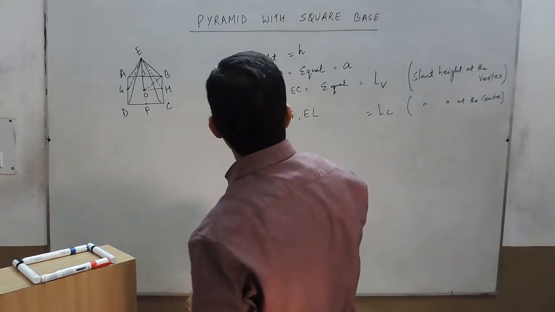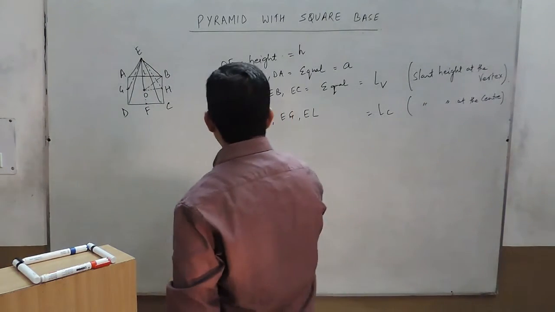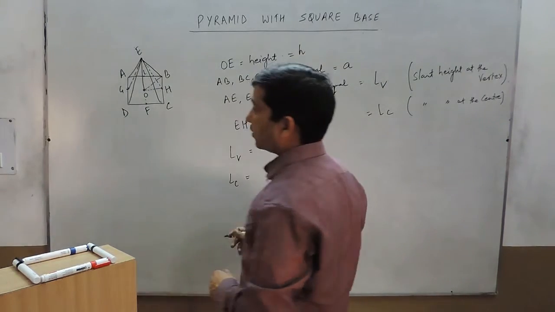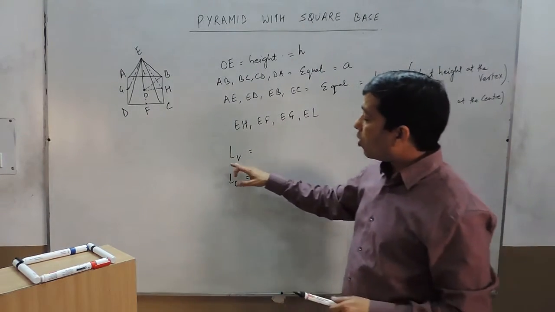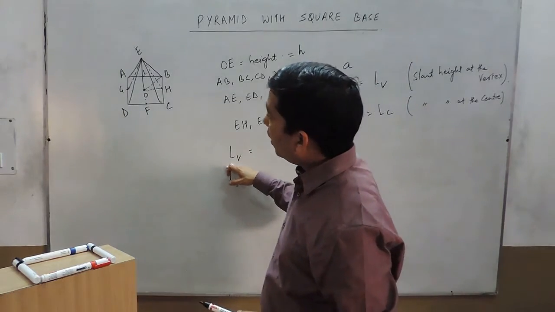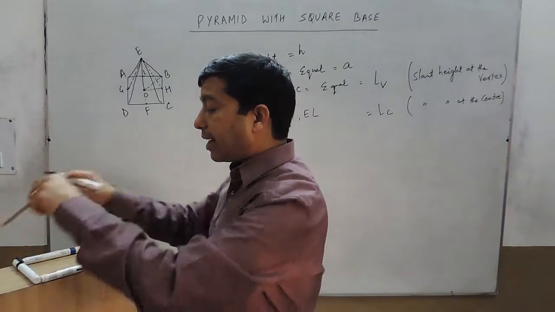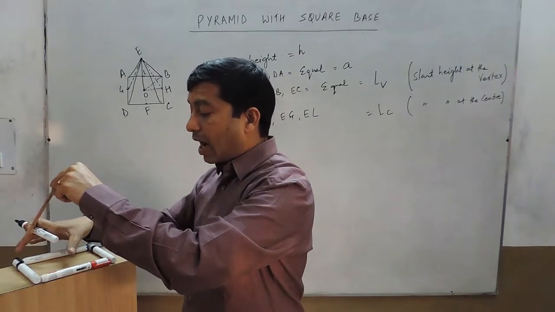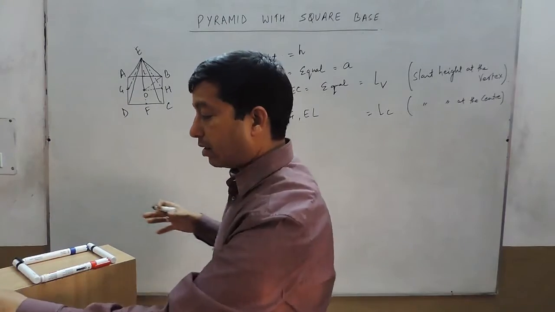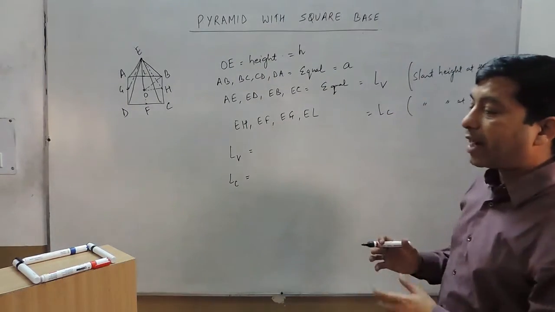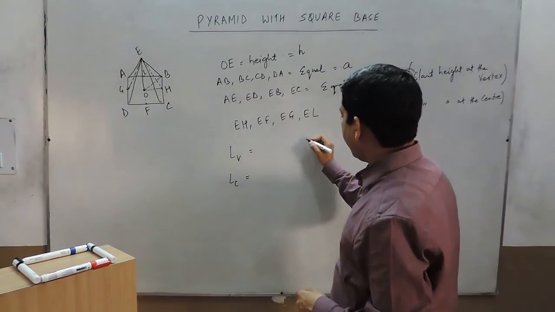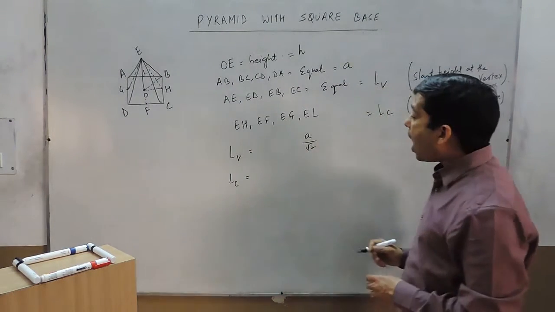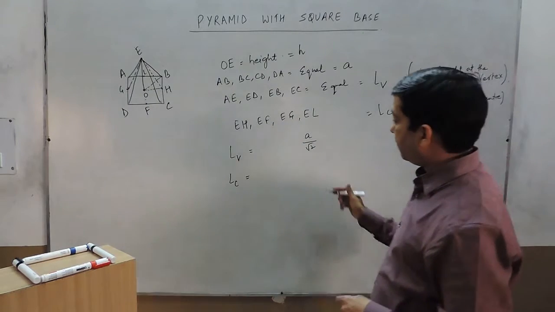Now the question is, what is the value of LB and what is the value of LC in these two figures? When I am talking about LB, the slant height at the vertex, we know this is the height and this is half of the diagonal. Half of the diagonal of any square is A upon root 2, where A is the side.